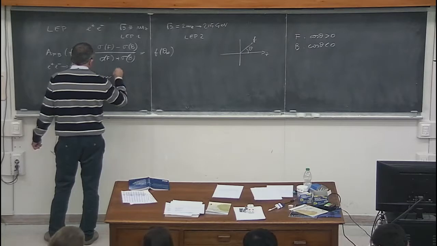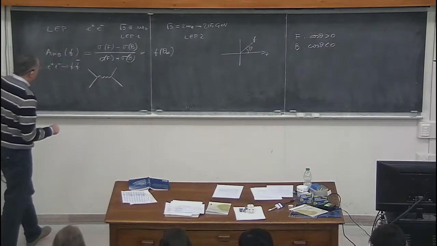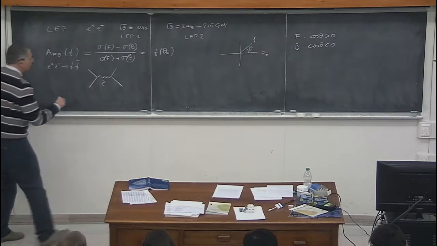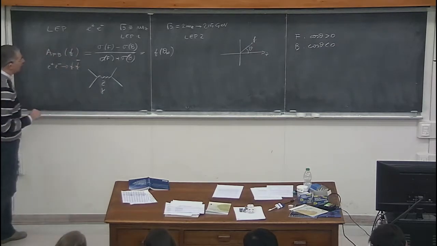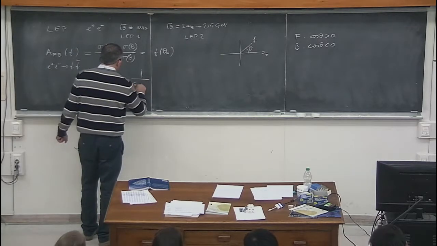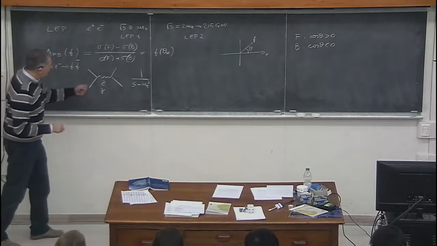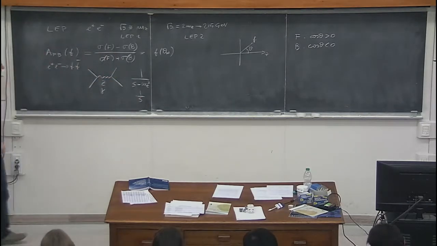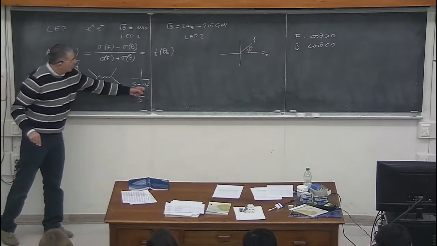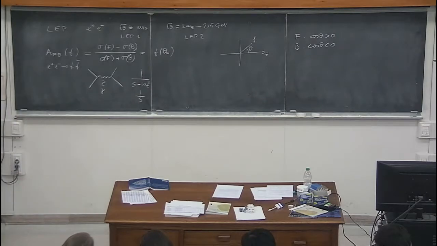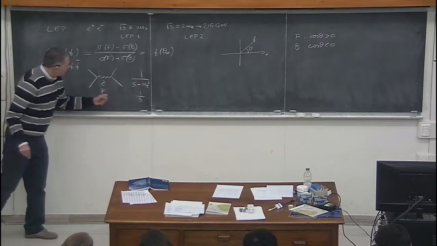Of course, you can exchange a photon as well, but since the contribution is 1 over s minus m_Z squared for the Z exchange diagram and 1 over s for the photon exchange diagram, if you are close to the mass of the Z boson in energy, then this contribution here is negligible with respect to this one. So you can compute this, and you can relate it to the weak mixing angle.